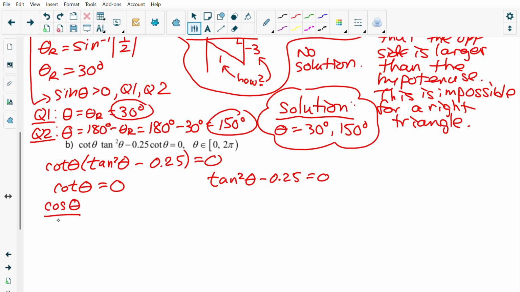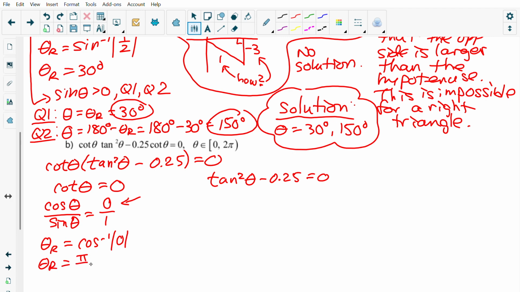Let's solve for cotangent of theta equals 0. So I will think of that in terms of cosine of theta over sine of theta equals 0. When will cosine of theta equal 0? Well, the reference angle equals inverse cosine of 0.